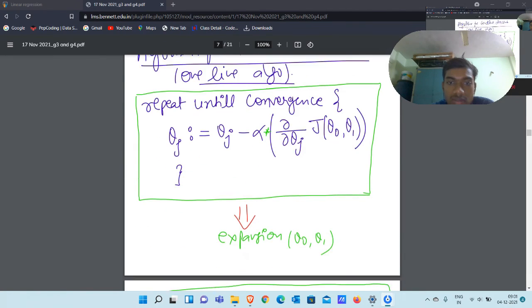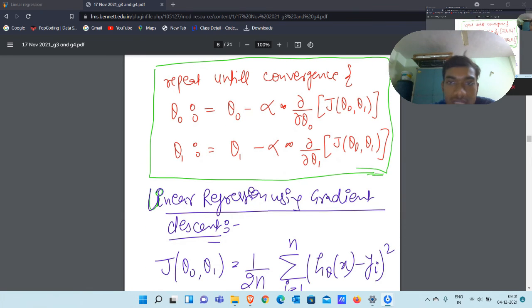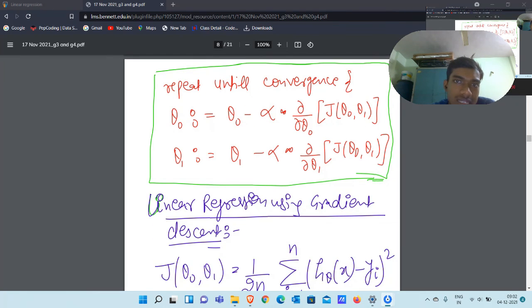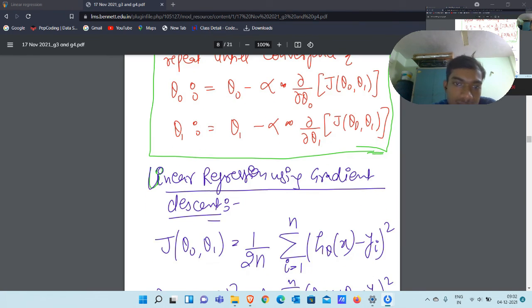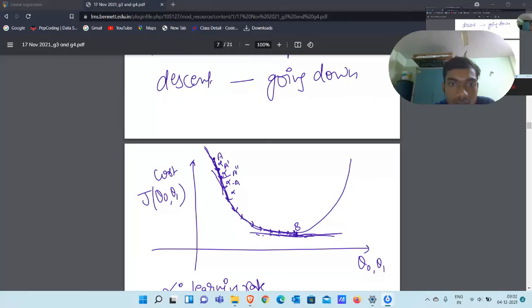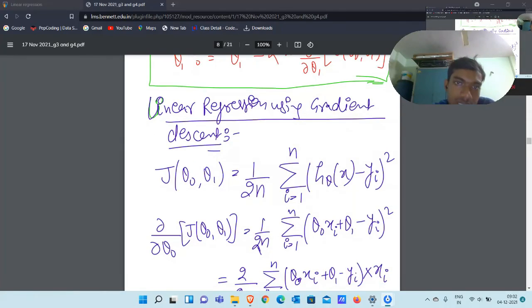And for the constant also, the constant equals the constant minus alpha into the derivative, for theta 1 and theta naught. We need to repeat until it is converging, meaning until the slope stops changing. See here, the slope was negative, now it has become positive, so we'll be repeating until then.